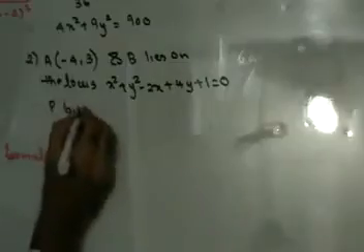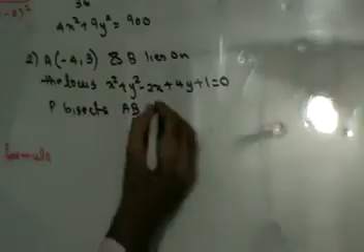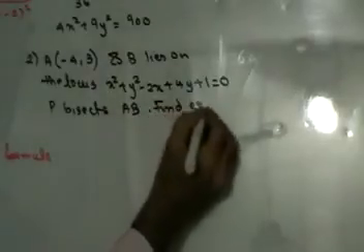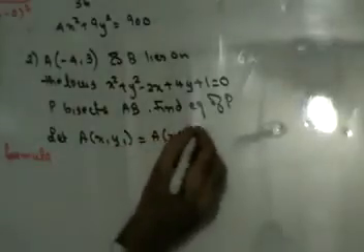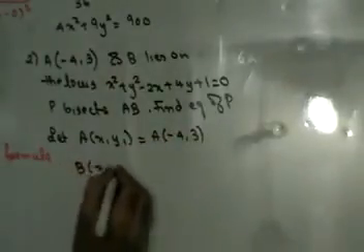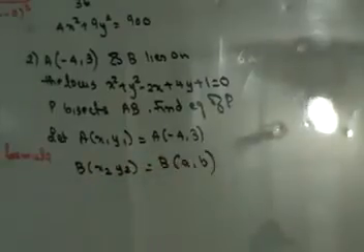P bisects AB. Find equation of P. Right? You will say that let A x1 y1 be equal to A minus 4,3, B x2 y2 be equal to B a comma b.